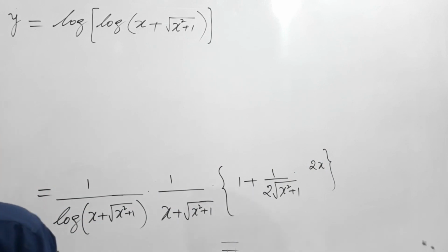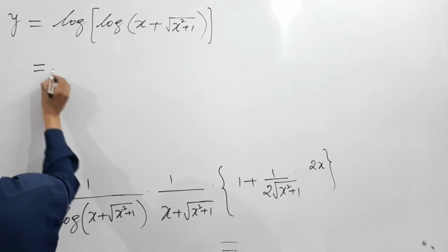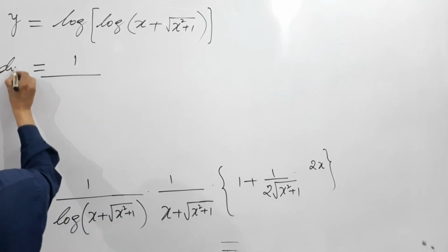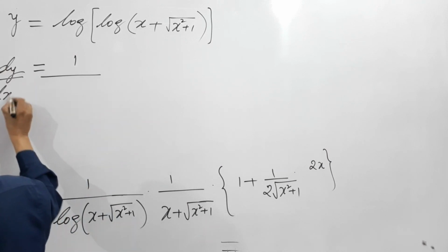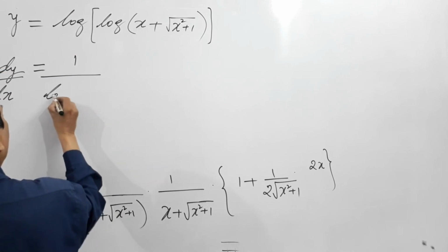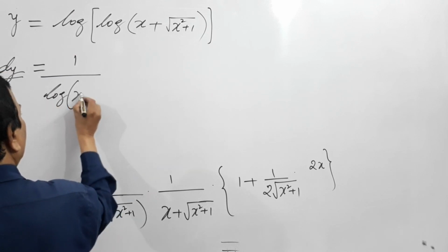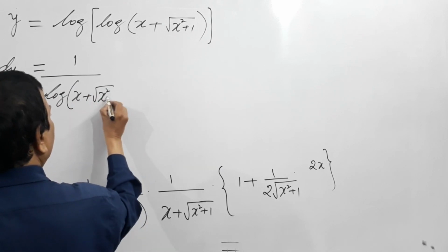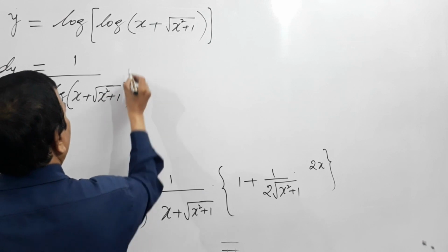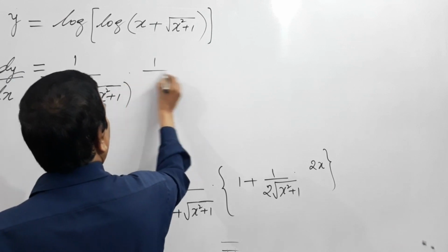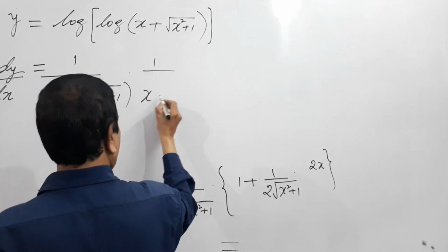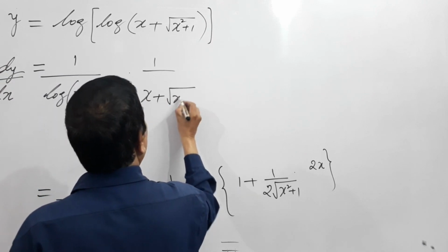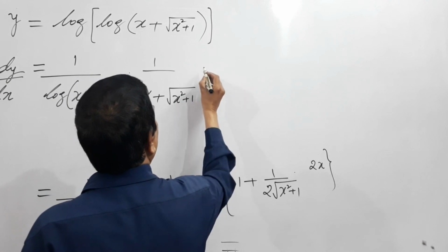So now I'll rewrite it once again as it is. This is our dy by dx, this is 1 by log of x plus under the root x square plus 1 into 1 by x plus under the root x square plus 1.